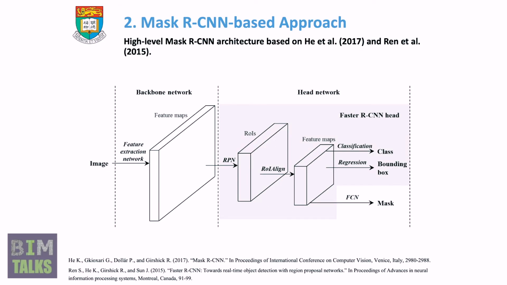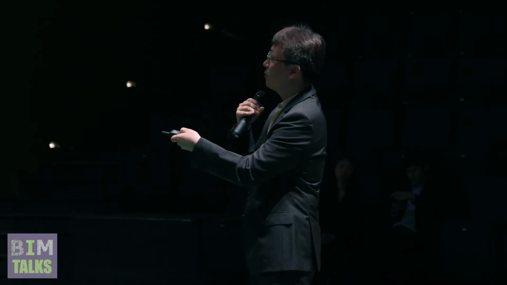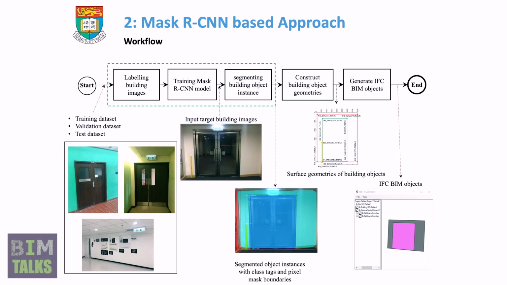So using these technologies and adopting their ideas, we created a neural network, and images coming from here follow these layers, and then eventually you know what the objects are in those images. And this particular one is fully automated. So we tested this with images taken from campus buildings.